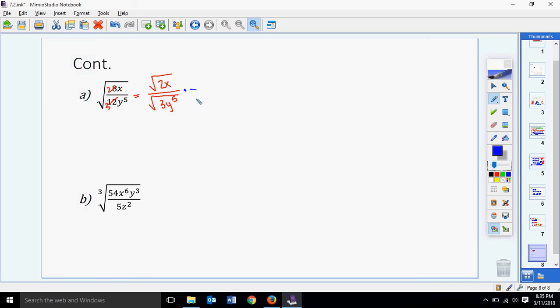So I know I'm multiplying by a square root of 3, but I also need to be concerned about y to the 5th. If I multiplied by one more y, that would give me y to the 6th. And y to the 6th I can break up into several y squares, so I'm good with y to the 6th having that underneath my radical. So I've multiplied by 3y in the bottom, I need to multiply by the same in the top to make sure everything's staying even here.